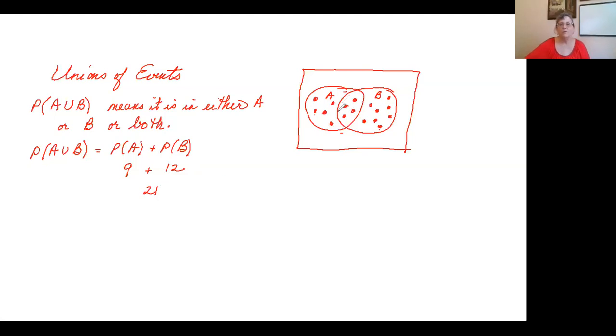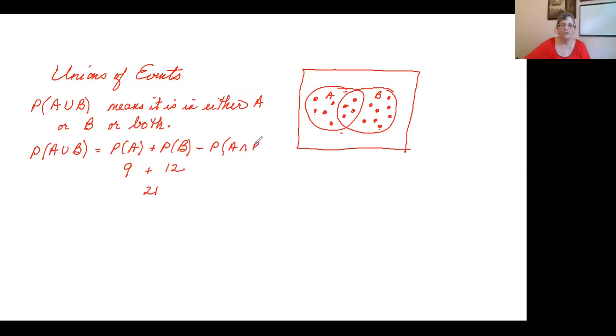Well, the problem is that these 4 that are in the intersection got counted both times. They're in A, check, but they're also in B, and so they got counted both times. So because of that, we have to subtract the probability that something is in both A and B, which is their intersection.